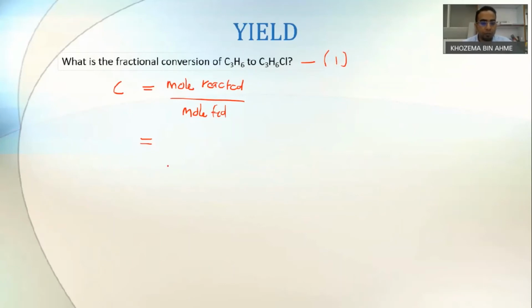So in equation 1 we know that the mole of propane reacted is 4.6, divided by the total mole of propane fed to the reactor, 680.1. So we get a fractional conversion of 6.76 times 10 to the power of negative 3. So this is our fractional conversion.